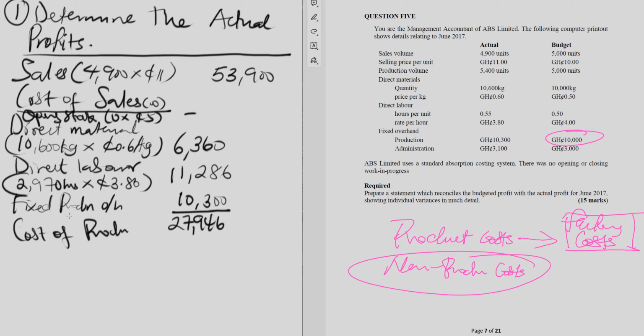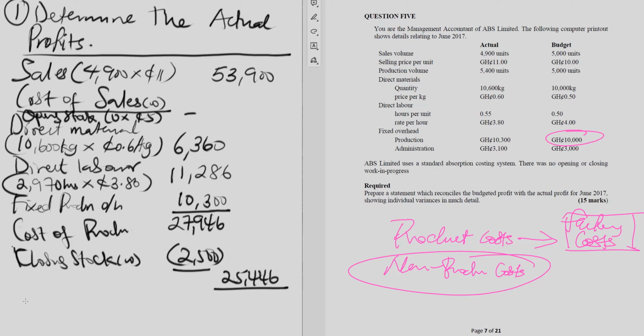But we have to take out our closing stock, which we have already valued at 2,500. When we take this closing stock out, we can now get our cost of sales. So this minus 2,500 gives us 25,446.